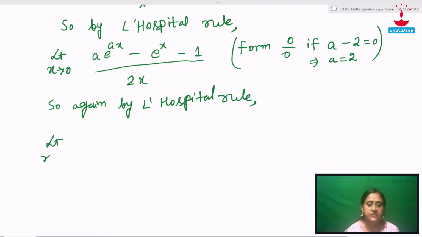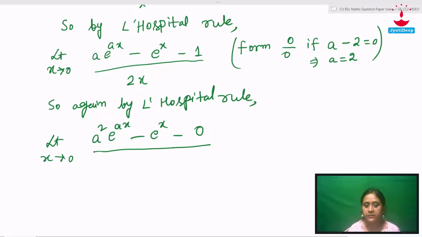Limit x tends to 0. Differentiation of e to the power ax is a into e to the power ax, so a into a becomes a square into e to the power ax, minus e to the power x. Differentiation of 1 is 0. And in the lower part, 2 into differentiation of x, which is 1. Okay, so now it's completed.